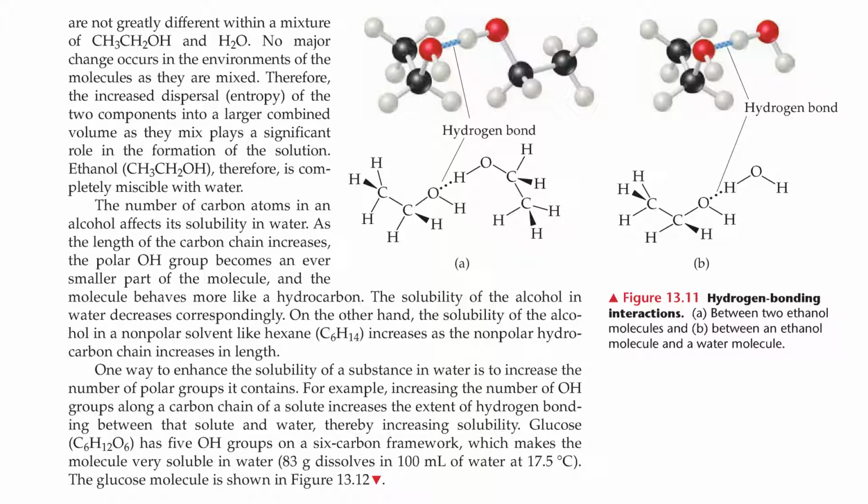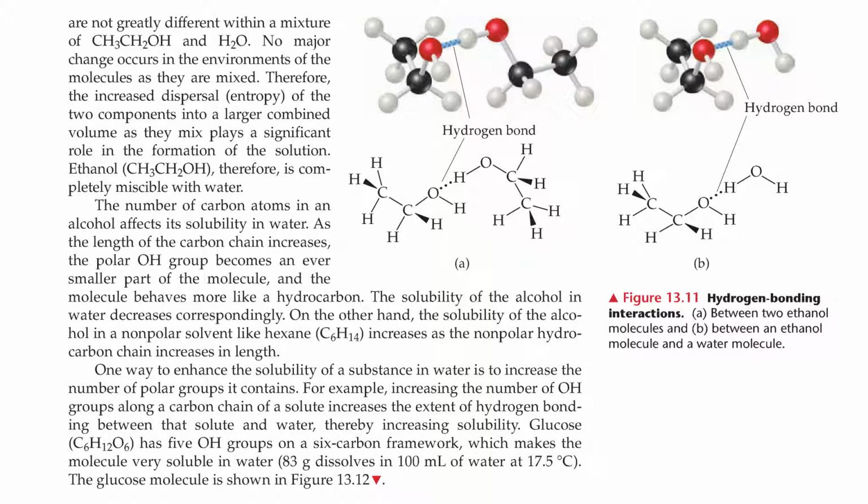No major change occurs in the environments of the molecules as they are mixed. Therefore, the increased dispersal, or entropy, of the two components into a larger combined volume as they mix plays a significant role in the formation of the solution. Ethanol, therefore, is completely miscible with water.